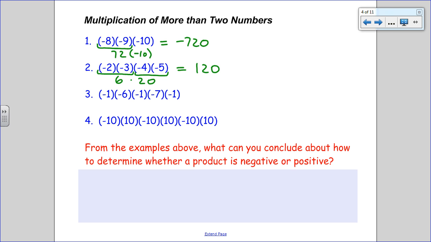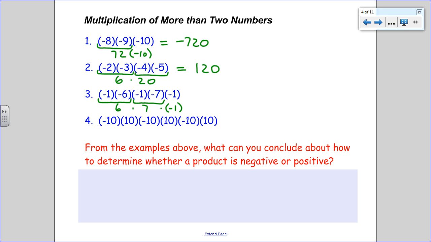In example 3, once again, we can pair our numbers as before. Pairing two negative numbers, -1 times -6, we obtain +6. Pairing the next two negative numbers, -1 times -7, is 7. And then we finally have one negative number at the end that doesn't have a pair.